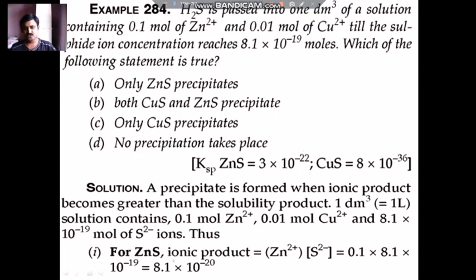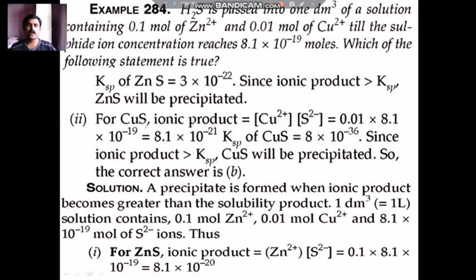Thus the zinc ionic product after substitution is 8.1 into 10 to the power of minus 20, while the Ksp of zinc is 3 into 10 to the power of minus 22. Since the ionic product of zinc sulfide is greater than Ksp, zinc will get precipitated. The same we can verify for copper sulfide: the product of copper ion and sulfide ion concentrations is 8.1 into 10 to the power of minus 21.